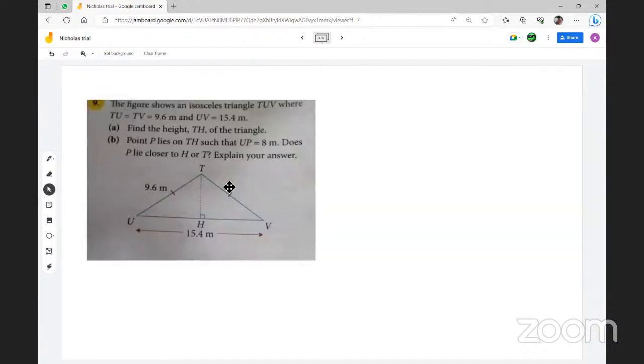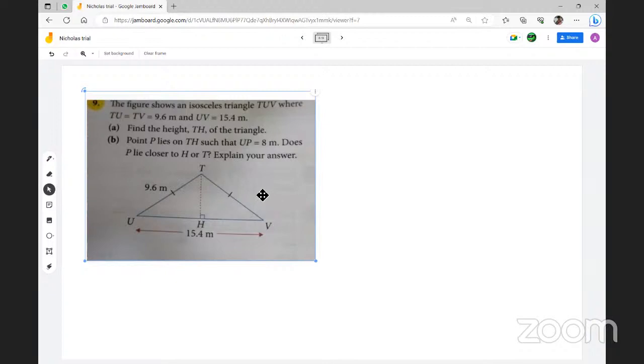Okay. In page 8, yeah, Nicholas, page 8. Let's be very clear. UTV, is it 90 degree or not? UTV triangle. Is it 90 degree? Wait, let me see.